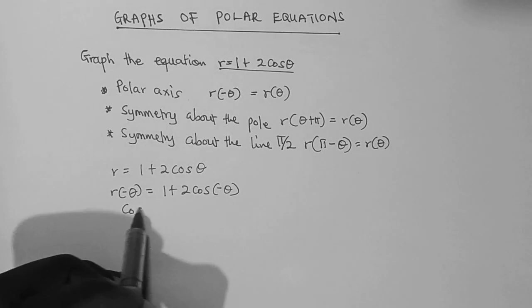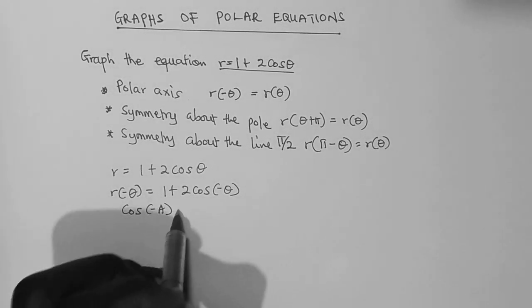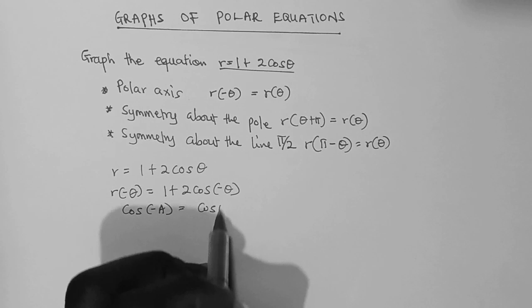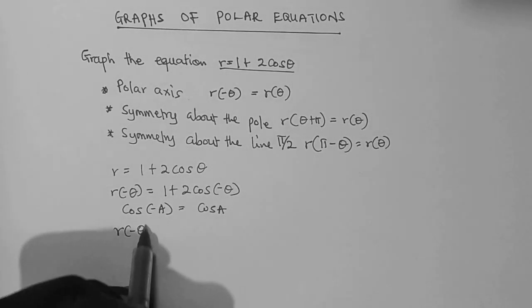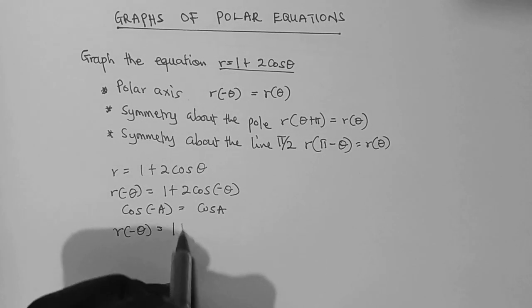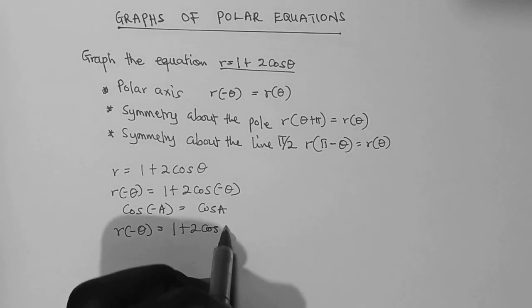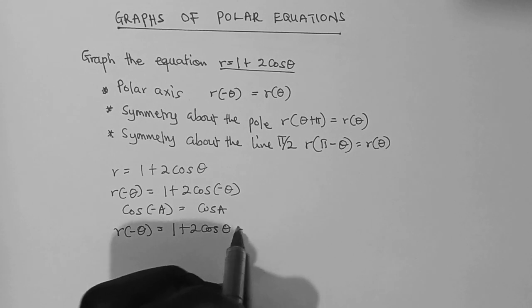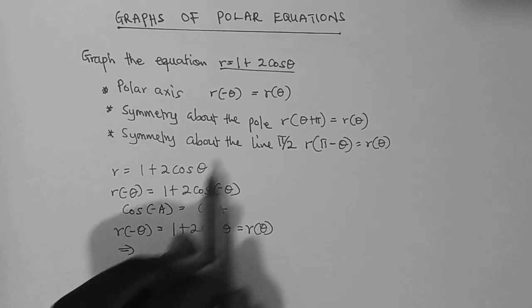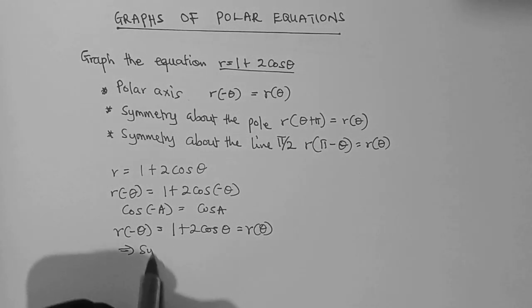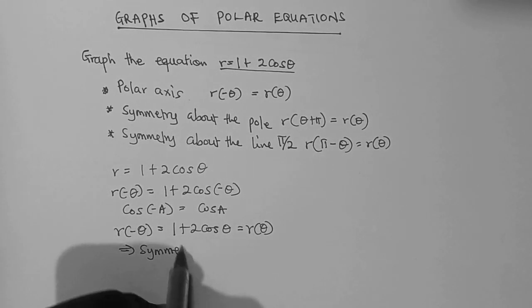Now, cos of minus a is equal to cos a. Therefore, r of minus theta is equal to 1 plus 2 cos theta, and this is equal to r of theta. So this implies that this polar equation is symmetric about the polar axis.